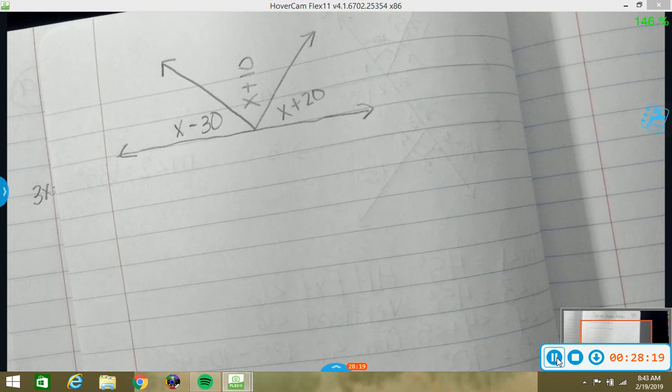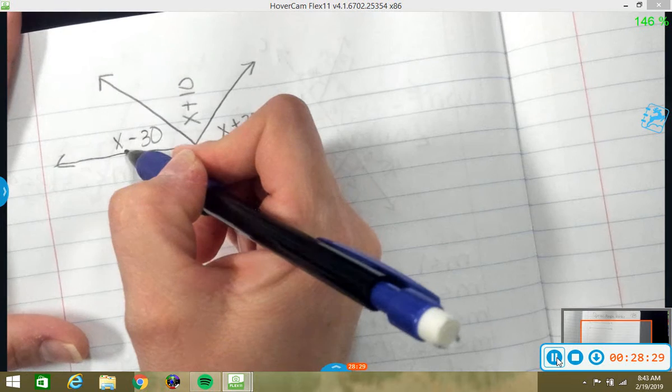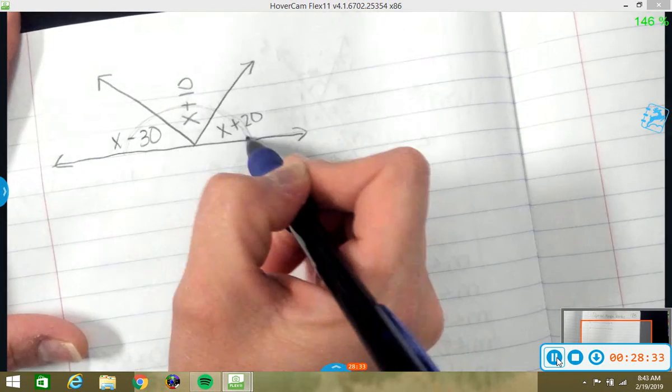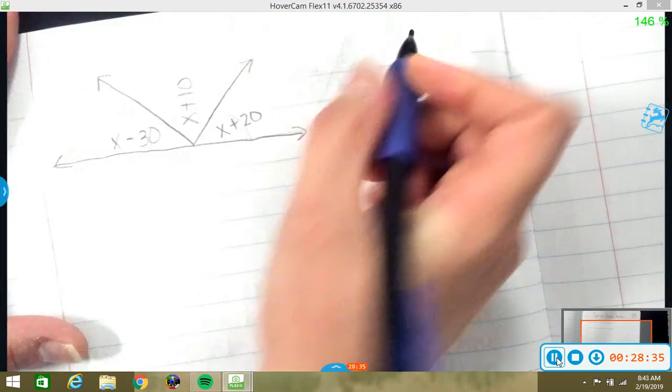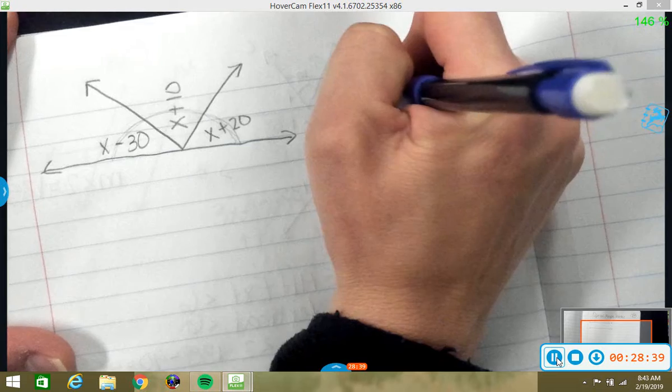Alright guys, so to get you started on this, how many degrees are total in this? 180, because look guys, there is a straight line right here from here to here. All three of these angles together equal 180, so this is supplementary. And you can just put sup.